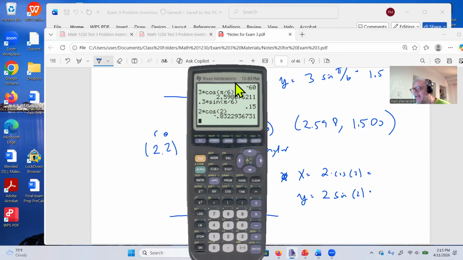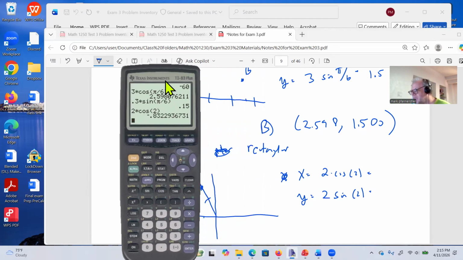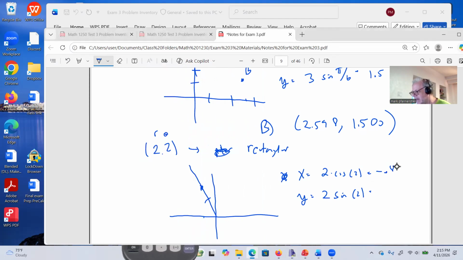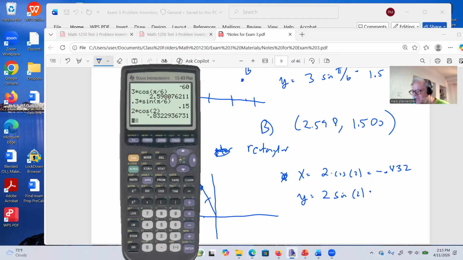We end up with negative 0.832. Then the second one, we have 2 times sine of 2. So we end up with 1.819.